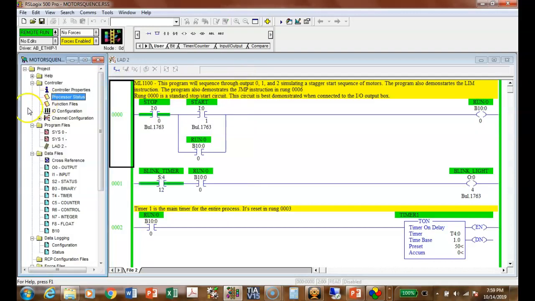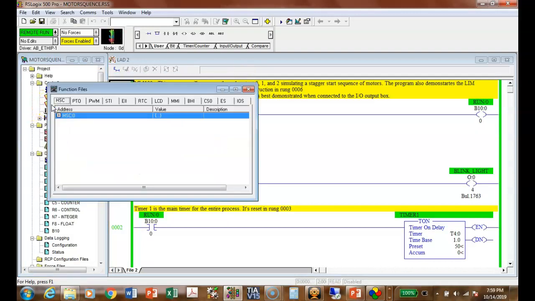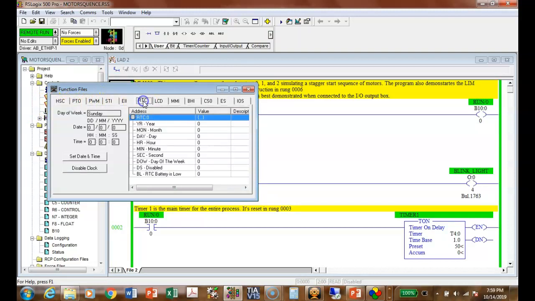Oh, I'm sorry. It's right here in the function files. So function file right here, right over here. Where's it at? Real-time clock. And this is where I would come in and set this up. So what year are we in? 2019, right? And then what month is this?